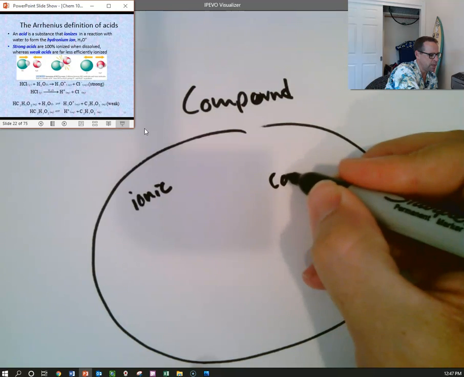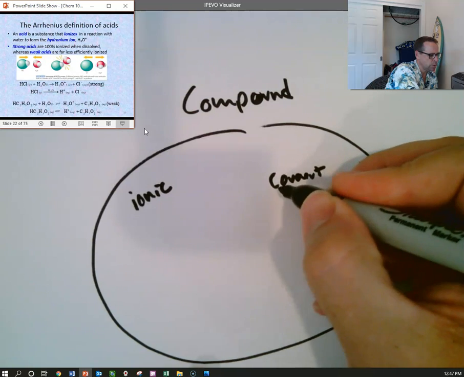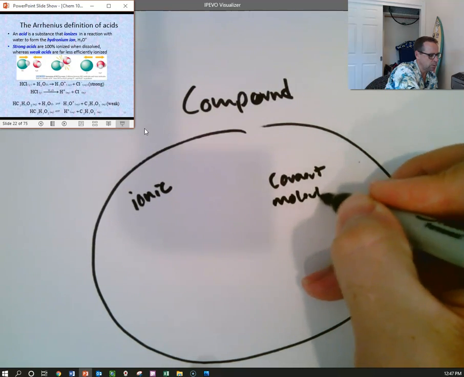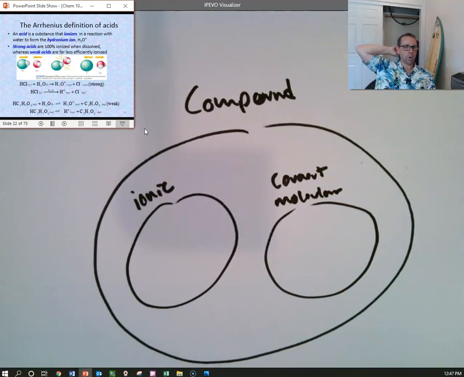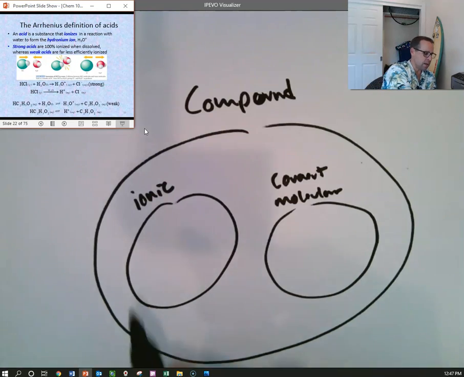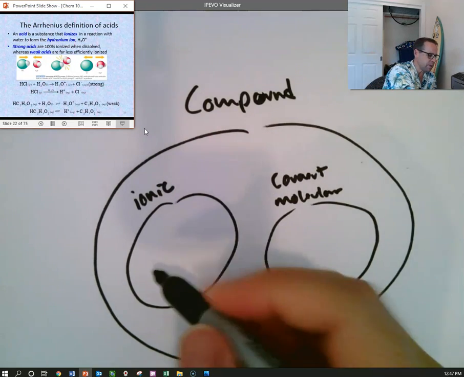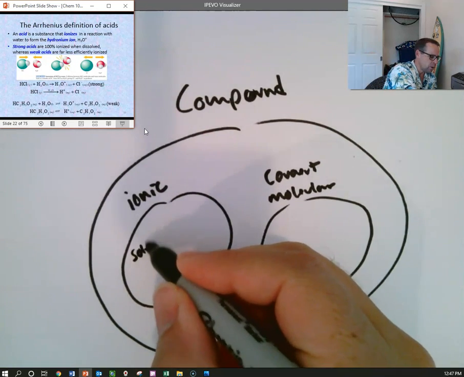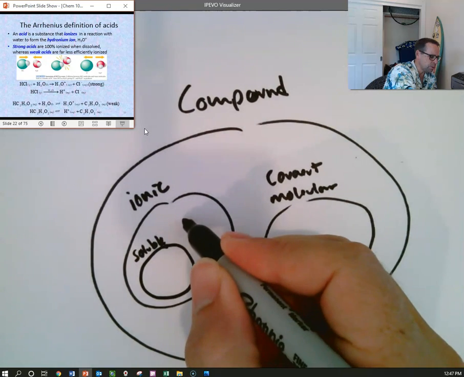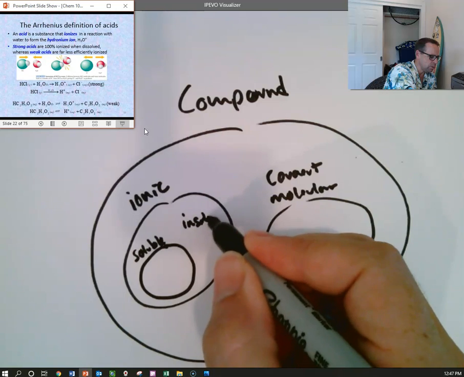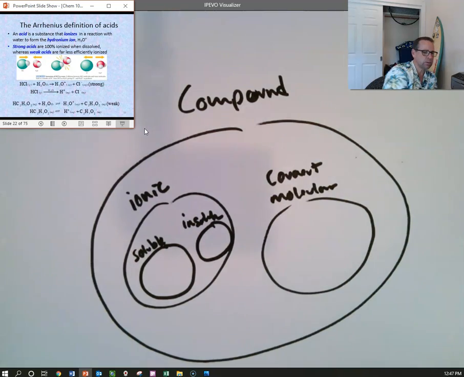And covalent, which are also known as molecular compounds, right? And what we've learned is that some ionic compounds are soluble. So here we have some ionic compounds that are soluble. Some are insoluble. We've learned that, okay?